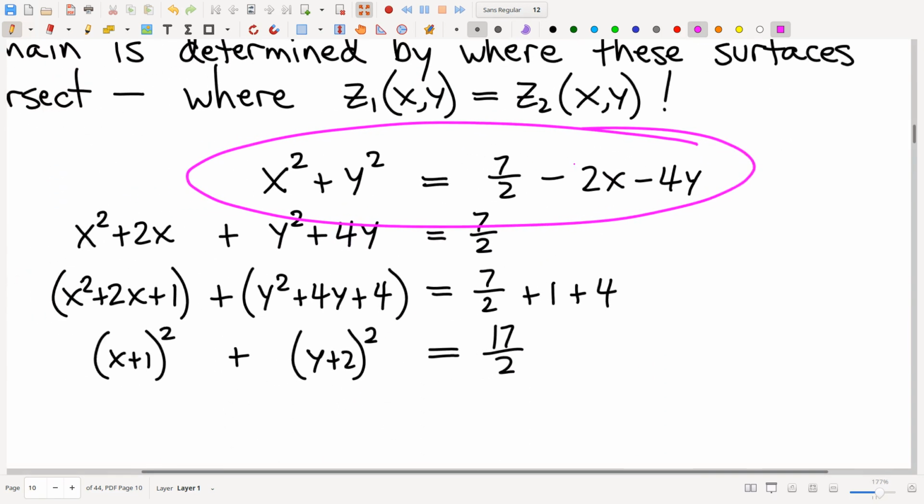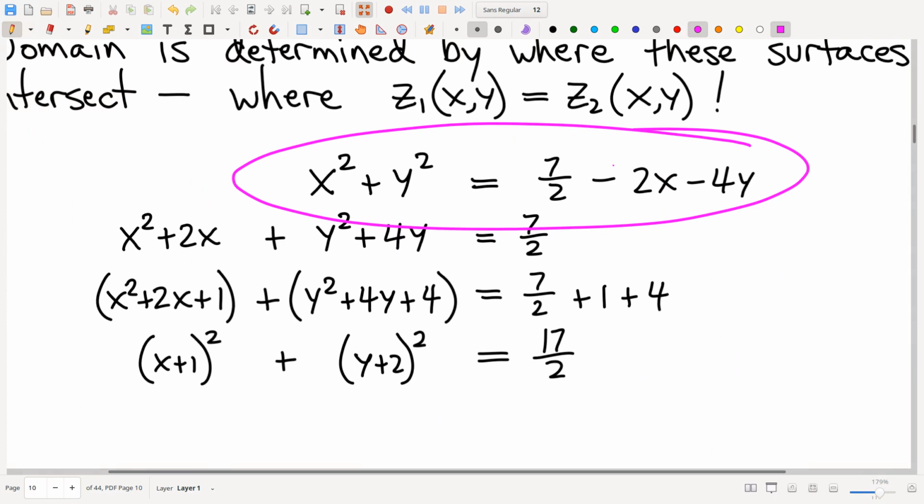Now, the actual solving of this equation has some algebraic mechanics in it. Y'all recall, I'm sure, that I've made this pitch: don't forget that you need to know how to do completing the square. That figures pretty prominently in this. You can see right here, I've got this x squared plus 2x.